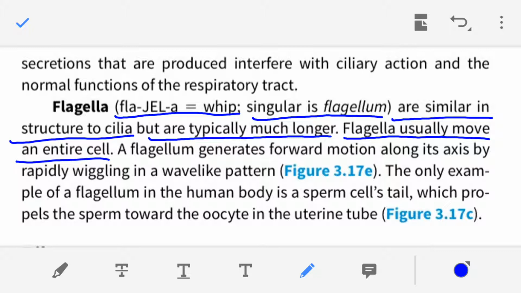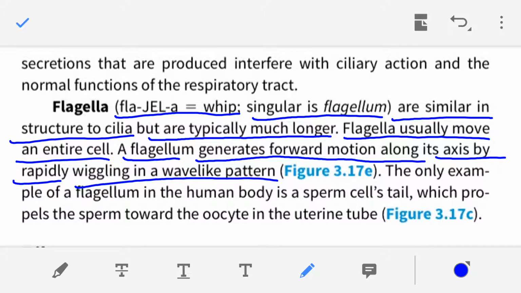Now how does the flagella move? A flagellum generates forward motion along its axis. So what is the flagellum doing? The flagellum is generating a forward motion along its axis by rapidly, very fast, wiggling in a wave-like pattern.